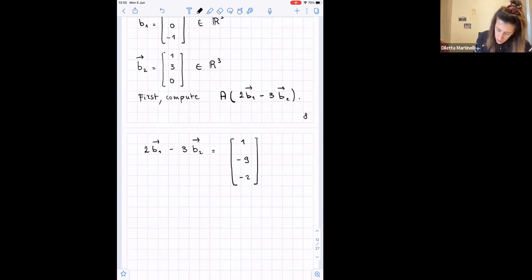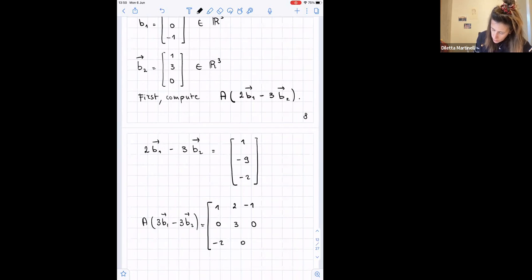And then we get A applied to this vector. So let's write A again: 1, 2, minus 1, 0, 3, 0, minus 2, 0, 1.